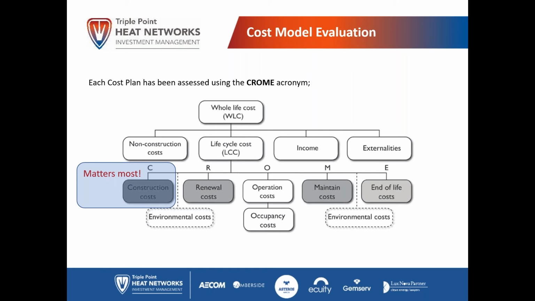The way we approach the cost modelling, I should perhaps start with why we are doing cost modelling. You will understand that the purpose of HNIP is to encourage the take-up of heat networks, and that's why the government is investing in these schemes.